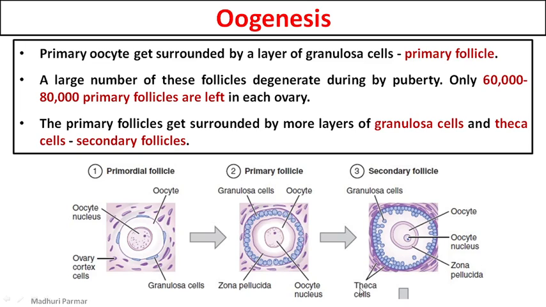Together, theca cells plus a lot of layers of granulosa cells and the oocyte, which is the primary oocyte, these three things together you call the secondary follicle. So this here is the secondary follicle. From outside to inside you have thecal cells, which are a layer of cells. Then you have granulosa cells, and the innermost cell is the oocyte, which is still in the arrest position. It is still in the prophase 1 arrest position.